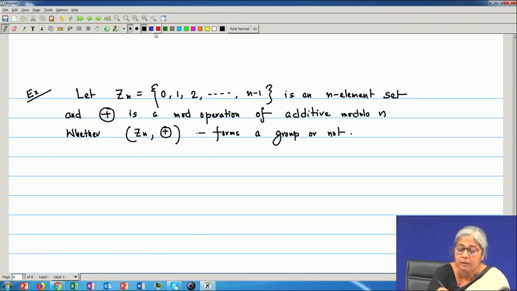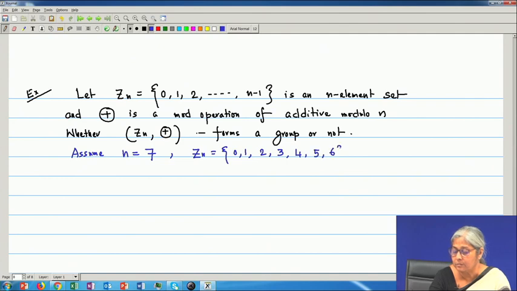Okay. Let us consider or assume n equal to 7. That means, my Z_n is 0, 1, 2, 3, 4, 5, 6.